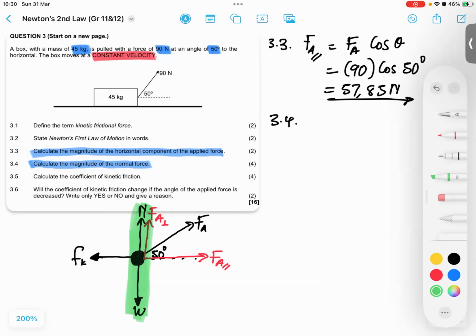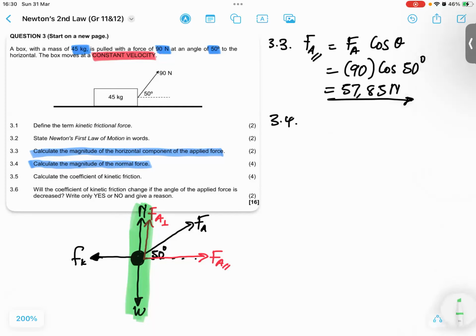Meaning that there is no movement on the vertical part of the diagram, meaning that the F net in the perpendicular direction of the surface is 0.